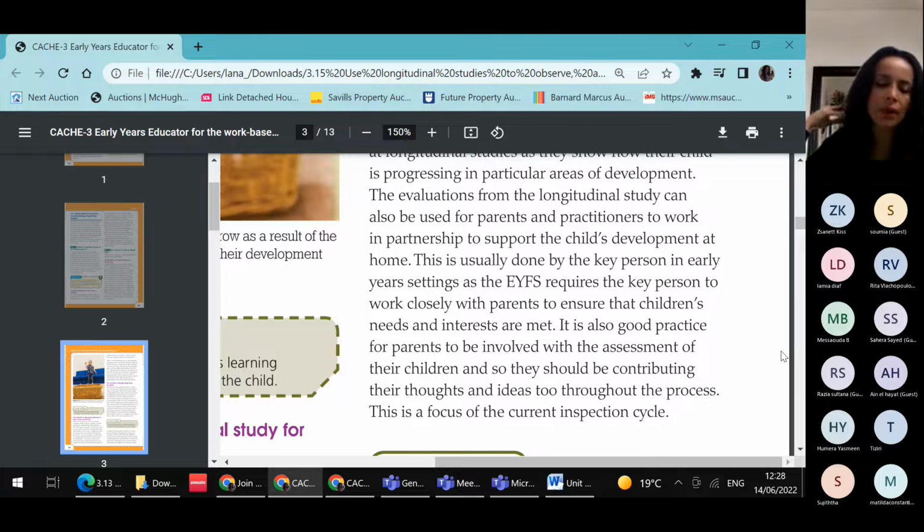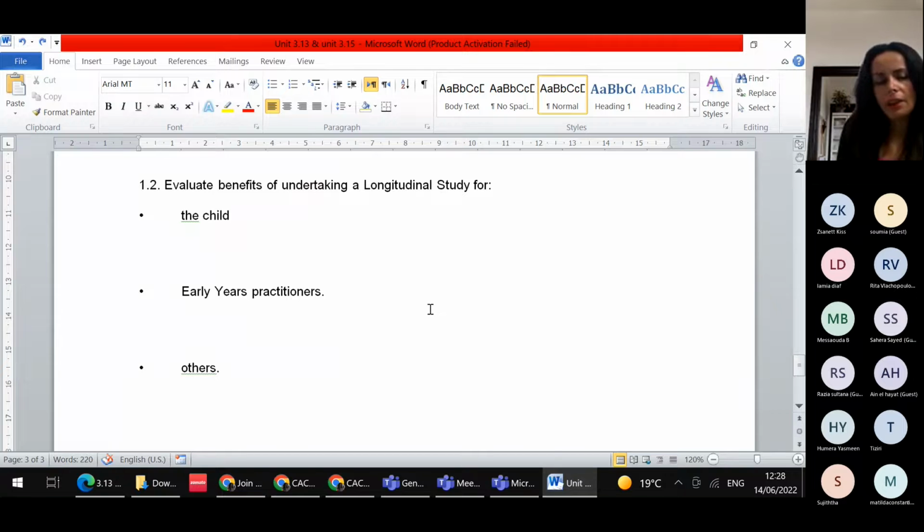They need to take part as well, working together as one unit with the practitioners to get more information and check the child's progress over a period of time. So this is how others can benefit from the longitudinal studies.